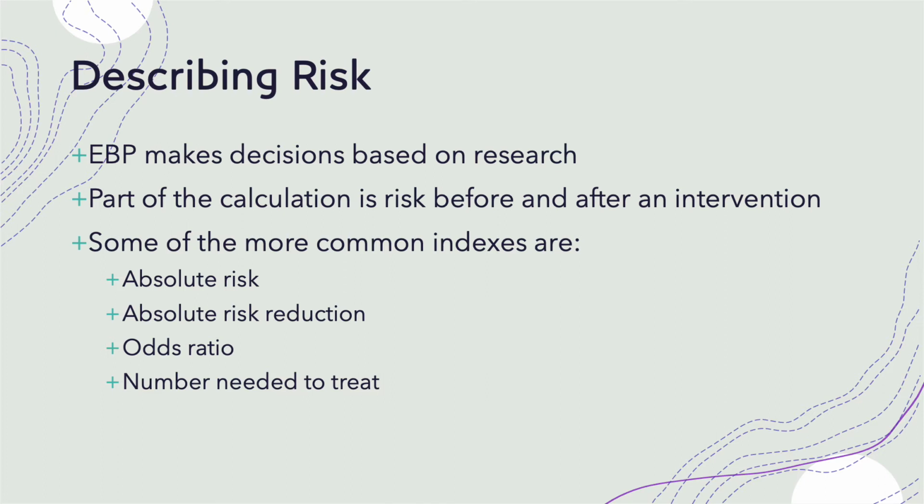And a finally important index of risk is the number needed to treat. In healthcare and in medical research, this is really important. In your textbook example, this is the number of people you would need to receive an intervention to prevent one undesirable outcome.